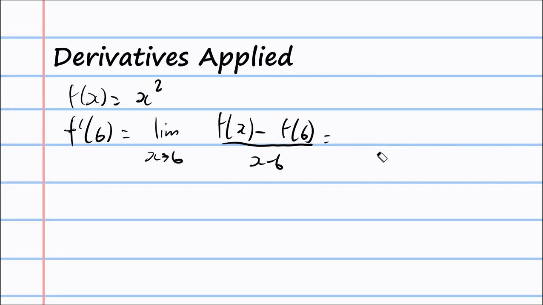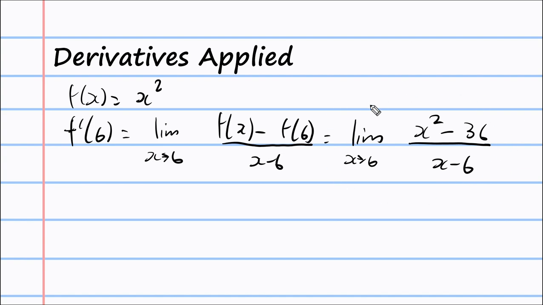So I'm going to first solve using this way, okay? So now this is equal to the limit as x approaches 6 of, what is f of x? F of x is x squared. So x squared minus 6 squared, which is 36, divided by x minus 6, okay? Do you know how to evaluate this limit?